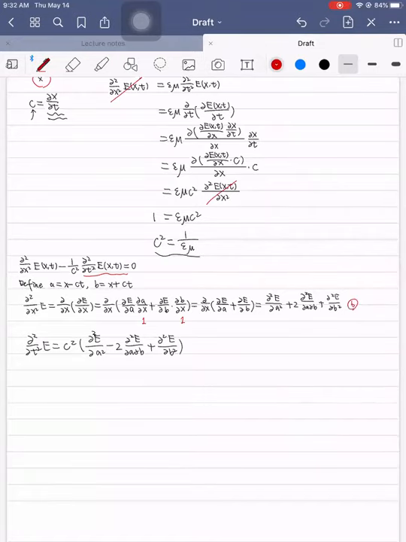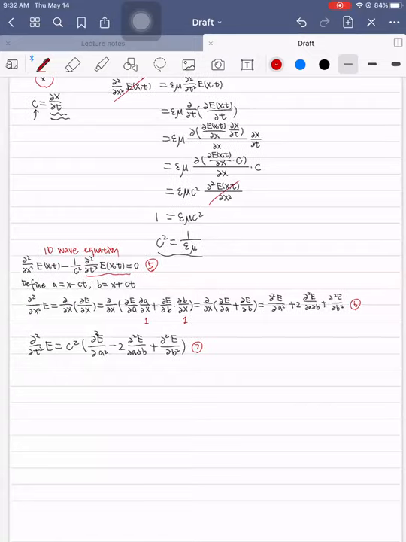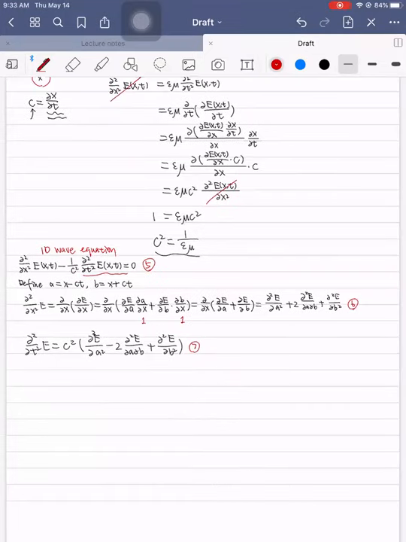Okay, so I mark these as 6 and 7, and we put 6 and 7 into this 1D wave equation, equation 5. We will get this, zero.